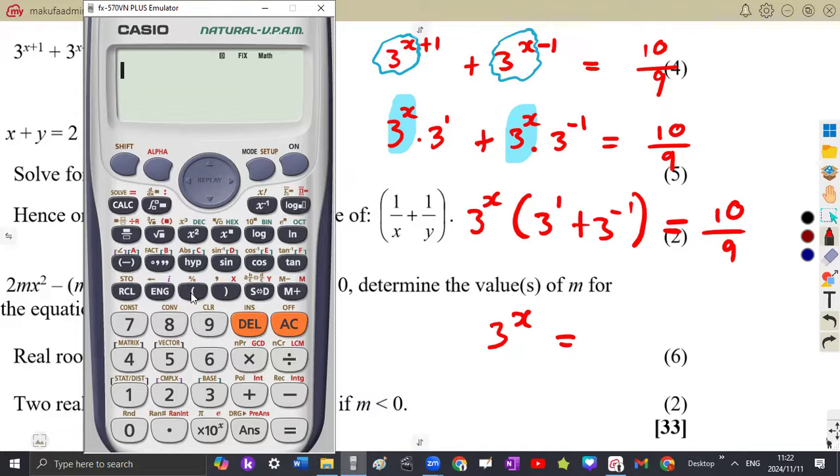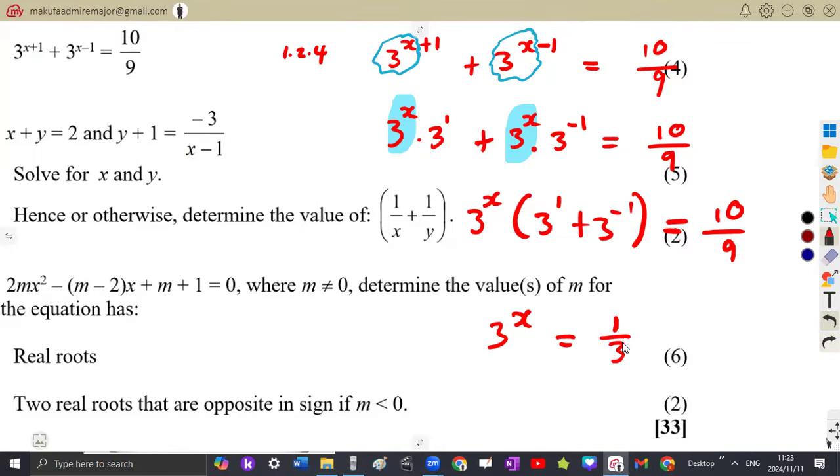Okay, let me put this, guys. You have a bracket first, all right? 10 over 9, you have a bracket first like this. Then divide by this bracket, 3 to the exponent of 1 plus 3 to the exponent of -1, like that. All right, so that was going to give us 1 over 3. So make sure that you use your calculator properly there.